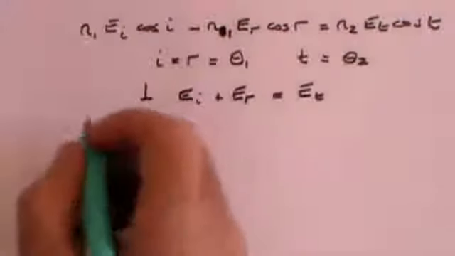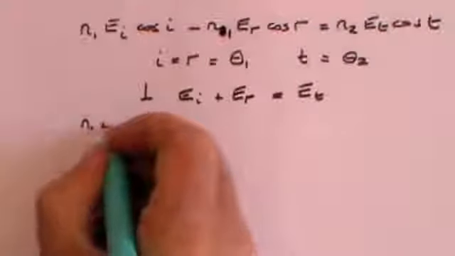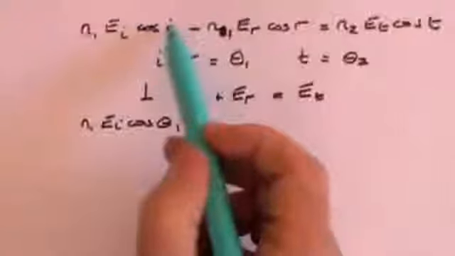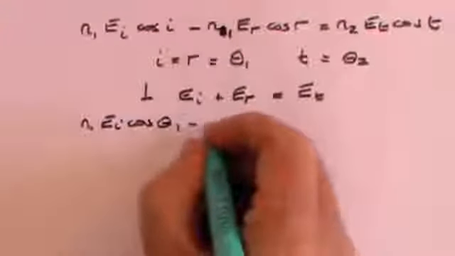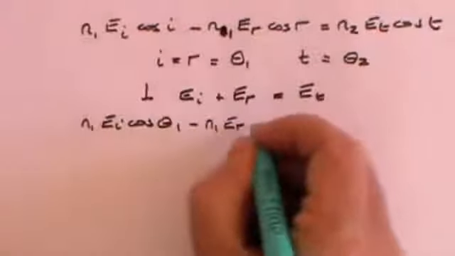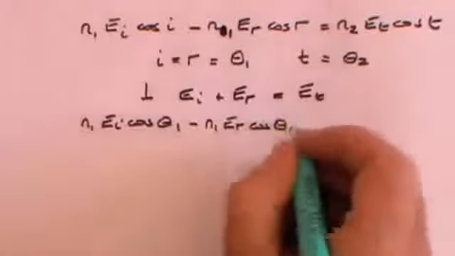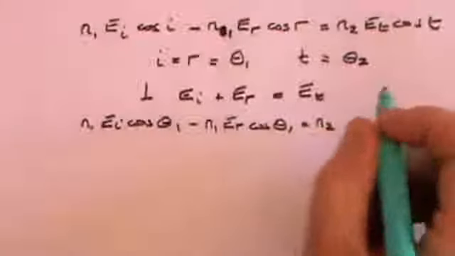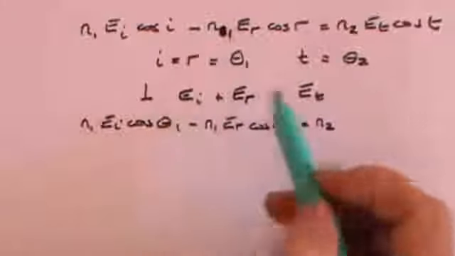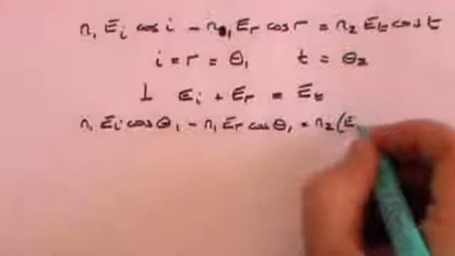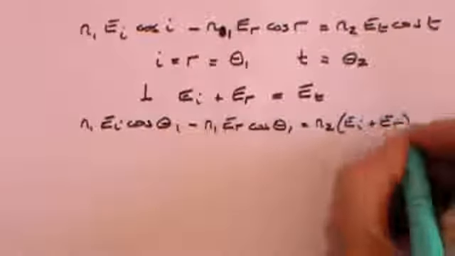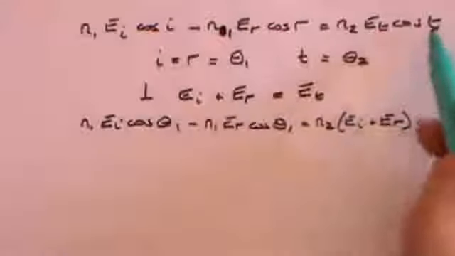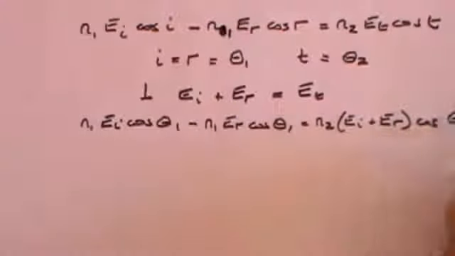So here goes. That will give me n1 E_I cosine theta 1, because that's I, minus n1 E_R cosine theta 1, because that's cosine R, is equal to n2 E_T. Well, E_T is E_I plus E_R times the cosine of T, but T is theta 2.